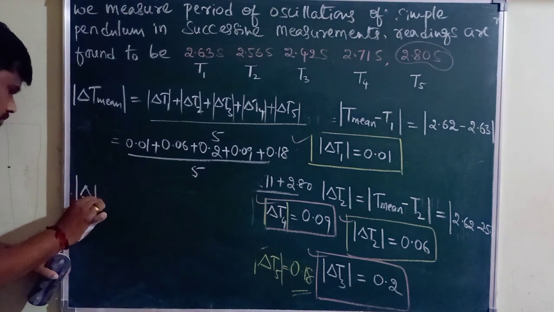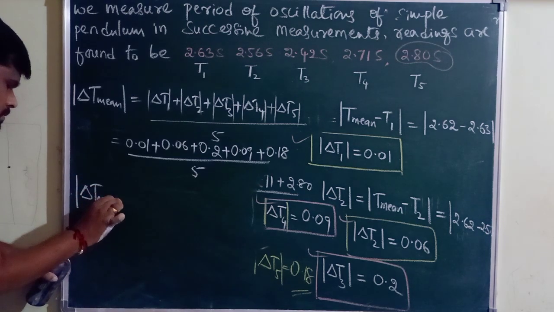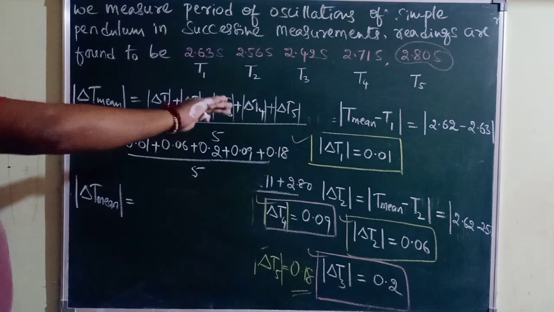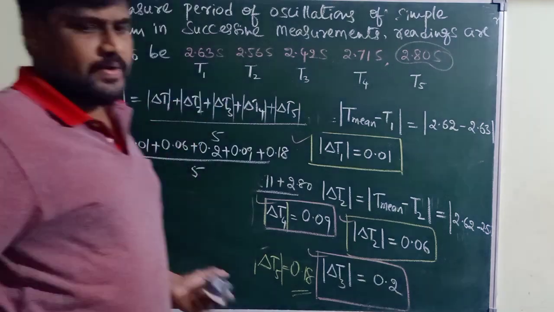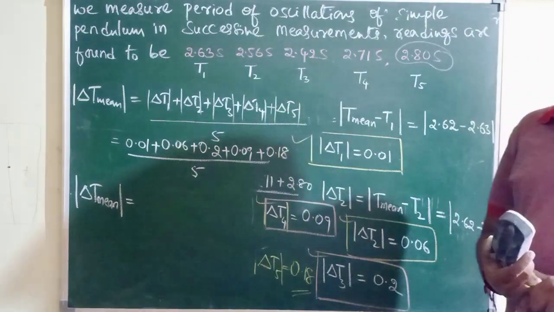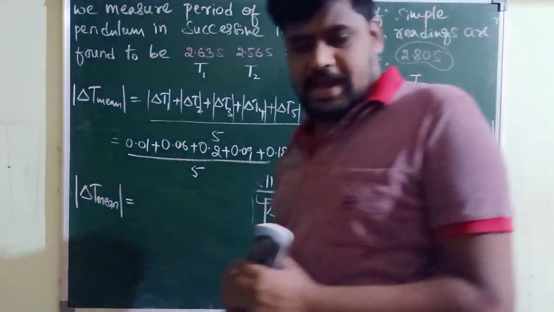Delta T mean. So this delta T mean is the average of all the absolute errors. Add all the absolute errors and divide by the number of absolute errors. If you simplify, you can make use of the calculator.